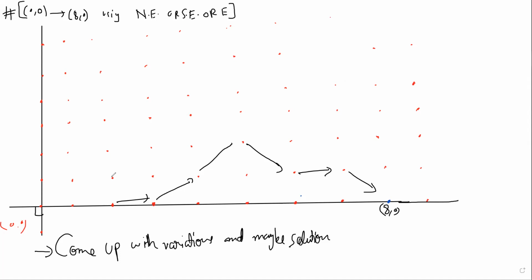So if I make one northeast move and I rotate, it becomes, make one southeast move, that becomes east.